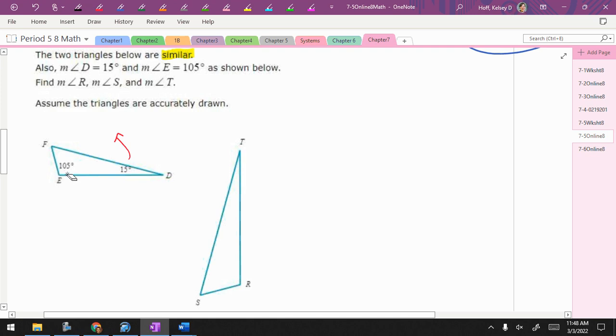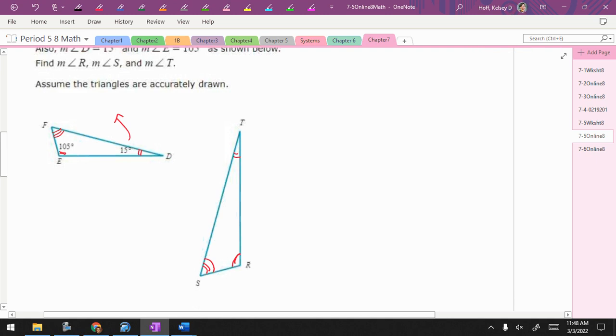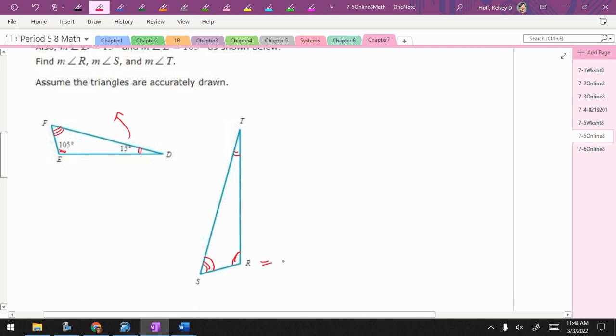So E would match up with R. D would match up with, what'd you say? T. And then F would match up with S. Okay? So R is 105 degrees. T is 15 degrees.